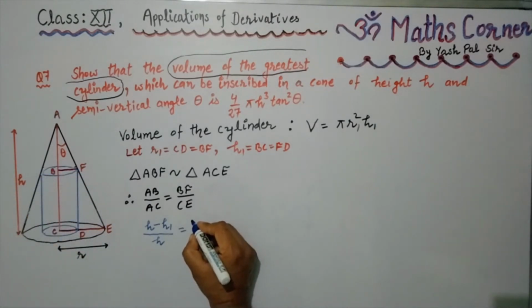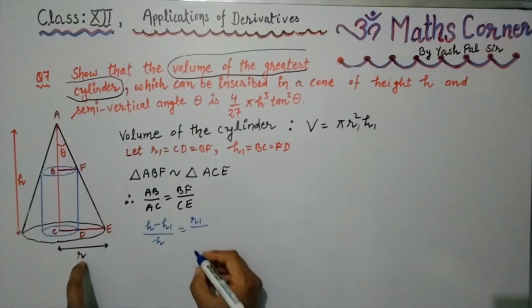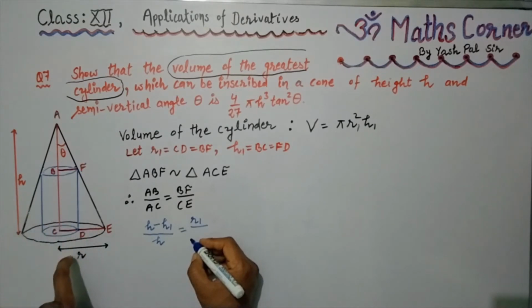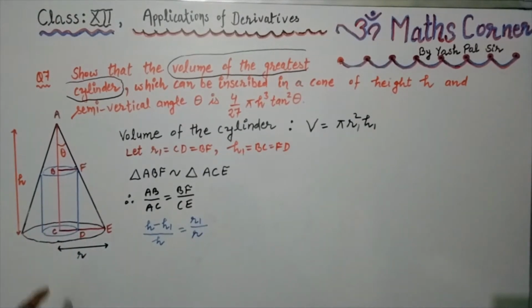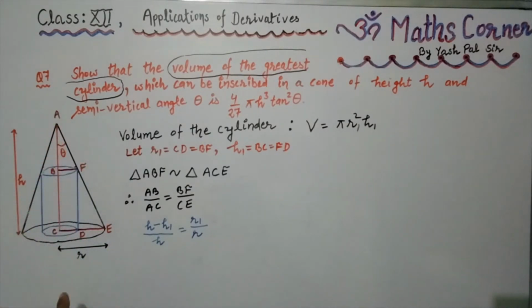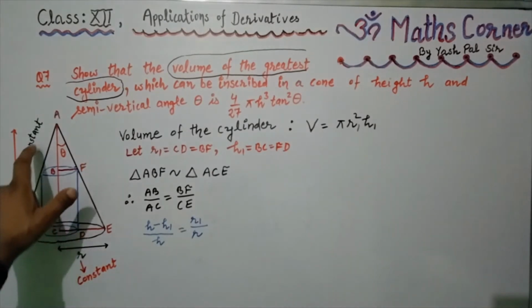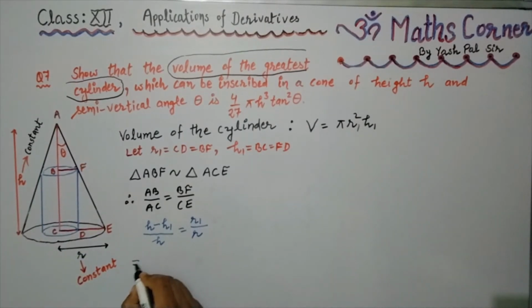BF is the radius of the cylinder, this is R1, divide CE. This is the radius of the base circle of cone, so this is R. Now this is understood that cone is given, so its dimensions are constant. Here R is constant, H is constant. So we write here R constant, H is also constant.